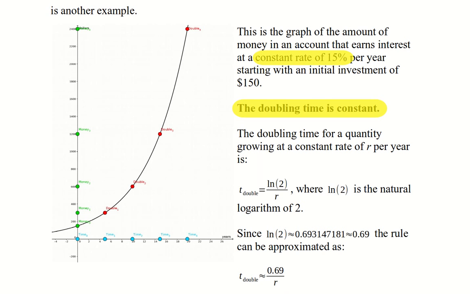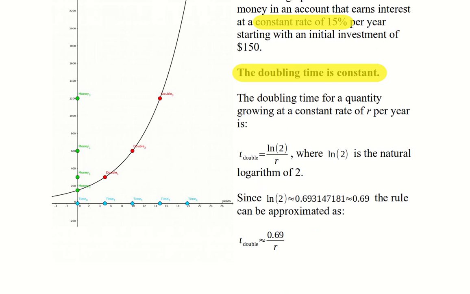Now, if you check in your calculator, the natural log of 2 is approximately 0.69. So we can approximate this rule with a little bit of a shortcut, and that is 0.69 divided by the rate. Bankers use what's called the rule of 72, and that's, of course, an approximation for 69.